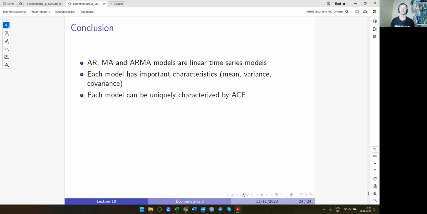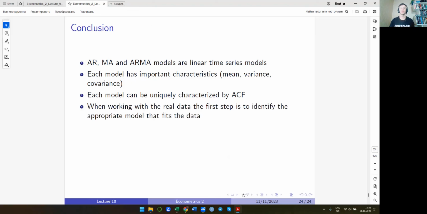So each model can be uniquely characterized by the autocorrelation function. So basically, the structure of autocorrelations is different for different models. And we work with real data. The first step is to identify the appropriate model that fits the data. And this identification, so how to identify, this is what we are going to talk about in the next lecture.